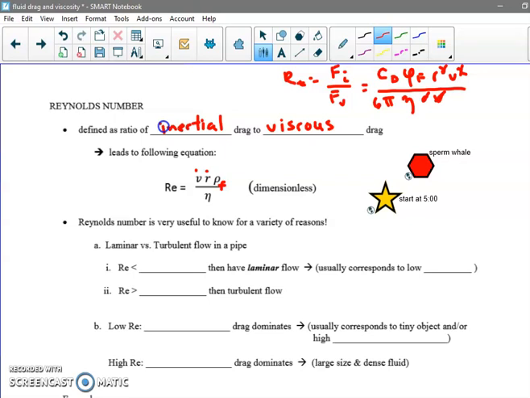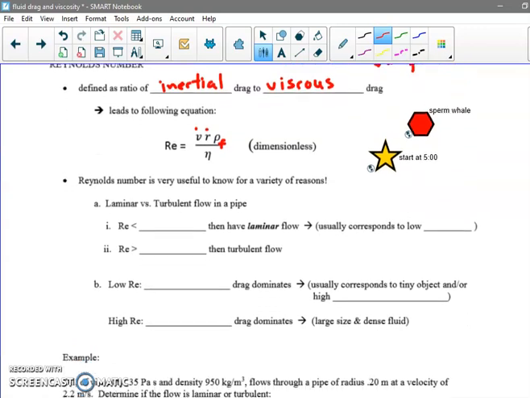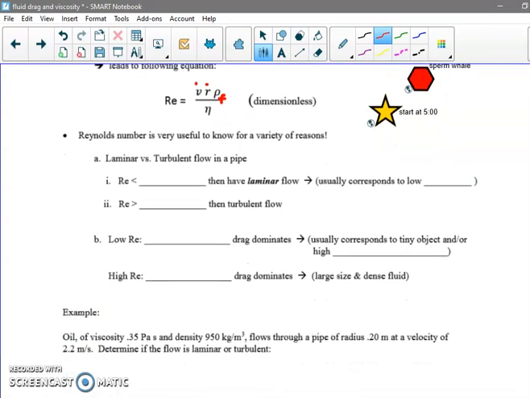And then the coefficient of drag is a number, and we're going to cancel it out with this 6 pi. We're going to assume the same. So what we're left with is rho fluid, R, V, and the eta, as we see here. And note that Reynolds number is a number. It's dimensionless. We can prove to ourselves that these work out. That's actually a good problem for you to do, but we don't need to do it here.